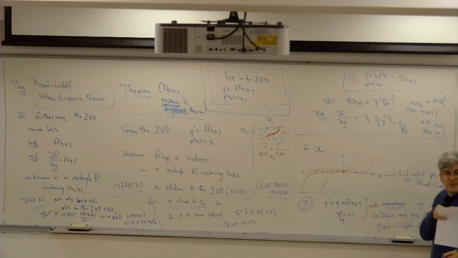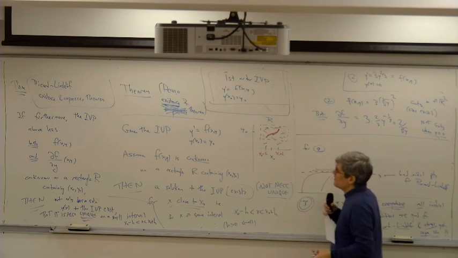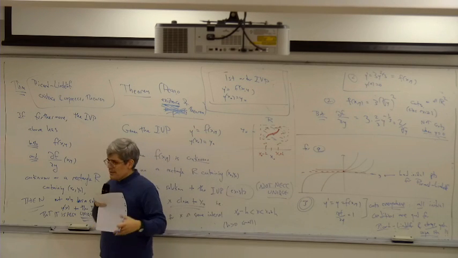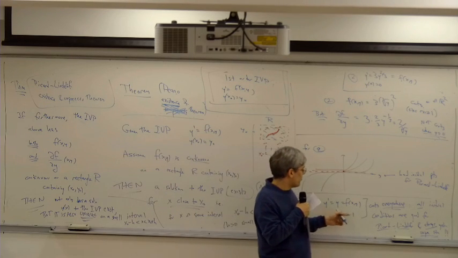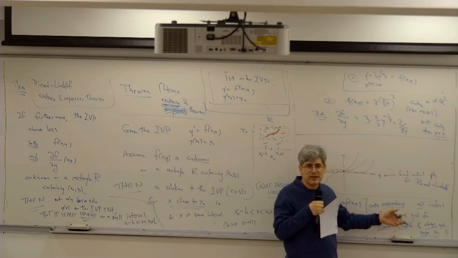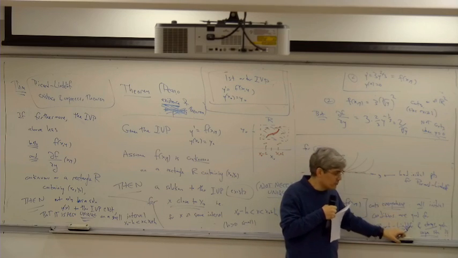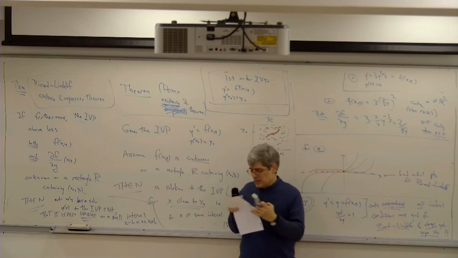And in fact, I erased it a while ago, but the most general solution to this is always y equals a e to the x, and given any x0 and y0, you can always solve for a. And we will see a lot more of this as the semester goes on.